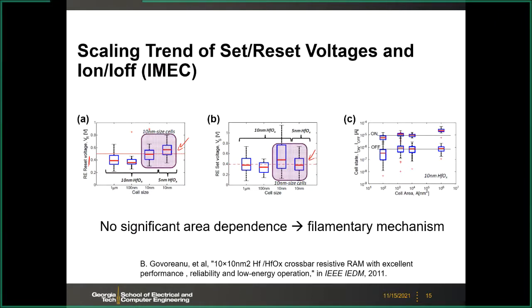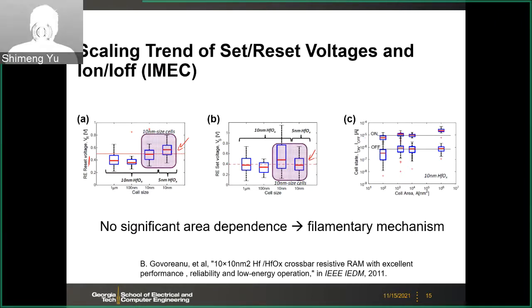And also the on and off resistance, they show the current, on and off current, like 10 microamp for the on state, like below a microamp for the off state. On-off ratio is like 10 in this case. So this is also independent of the device area.